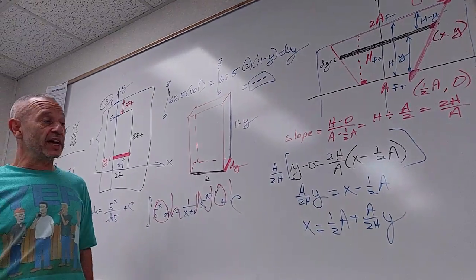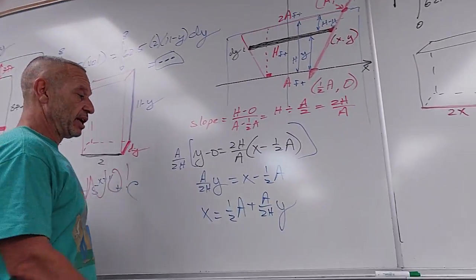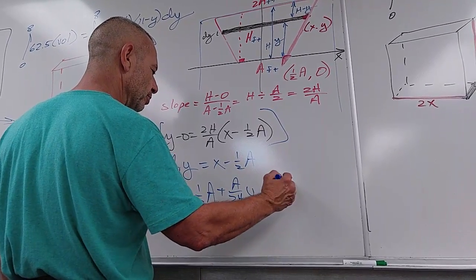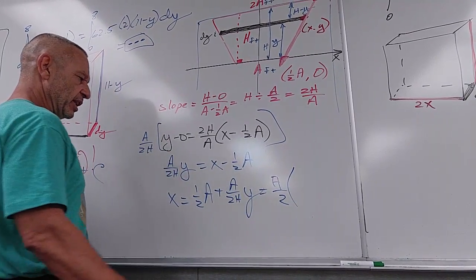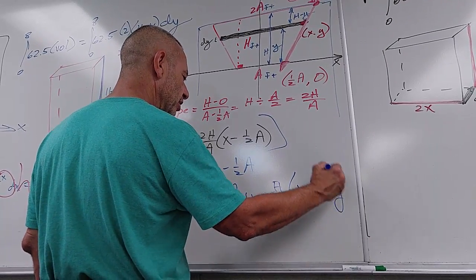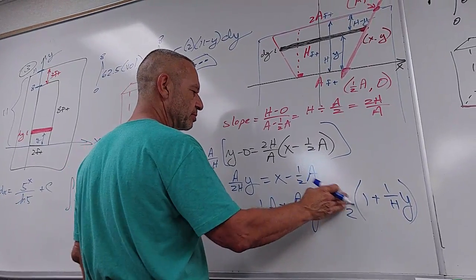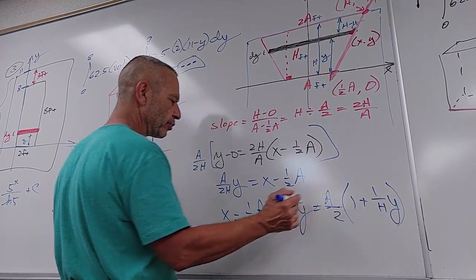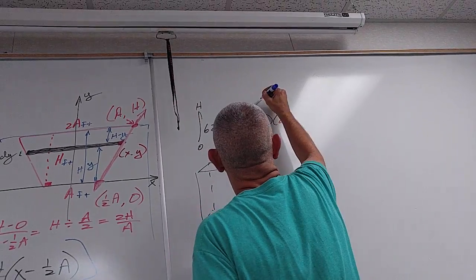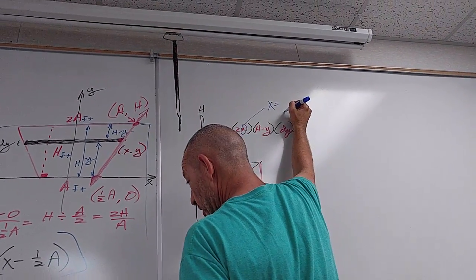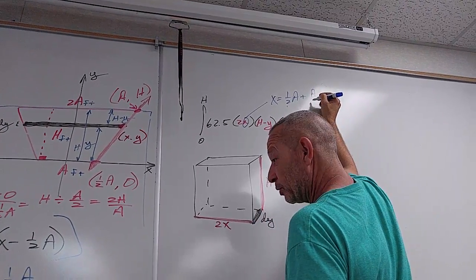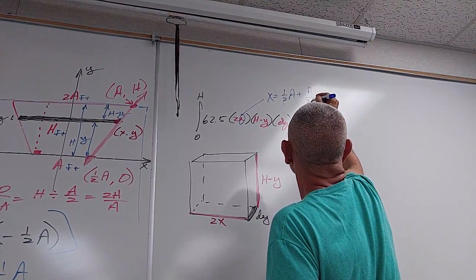You may want to factor the 1/2 a out, but however you write it, I would probably factor out the a over 2. Then I'd be left with 1 plus 1 over h times y. But it doesn't matter. You can certainly leave it the way it's written right here. And that's what you're going to do there. In place of x, you're going to write 1/2 a plus a over 2h y.